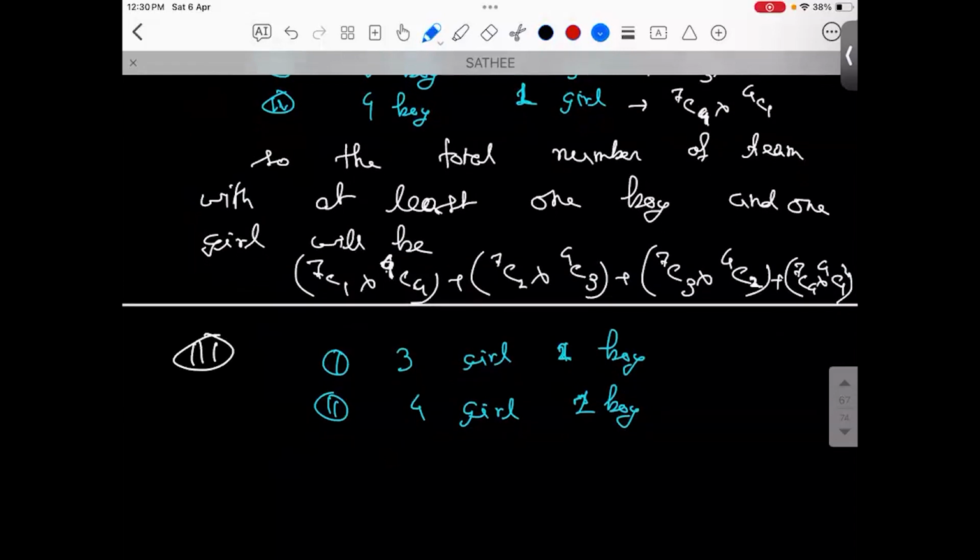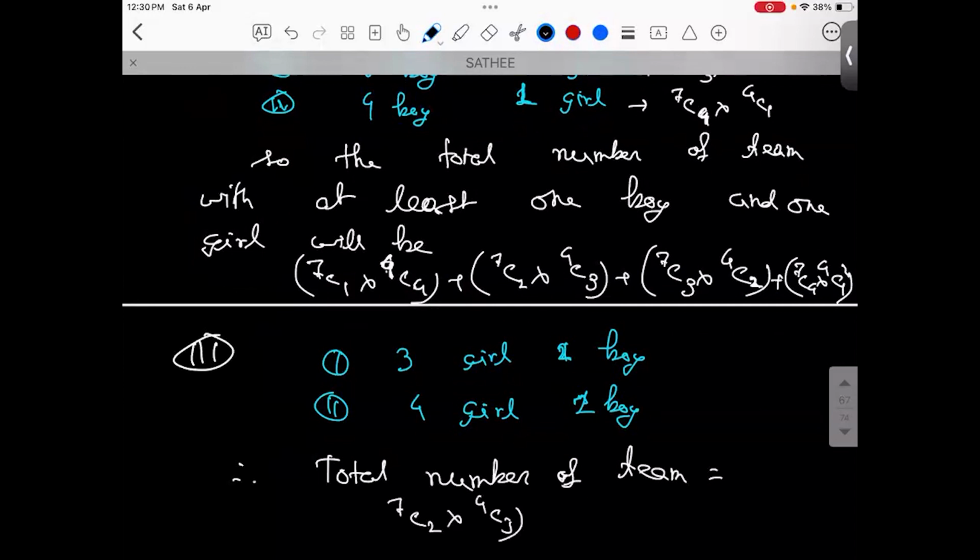So the total number of teams will be, as we have discussed before, 7C2 into 4C3 plus 7C1 into 4C4.